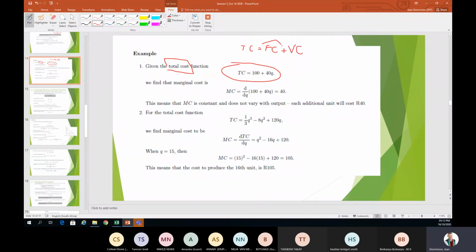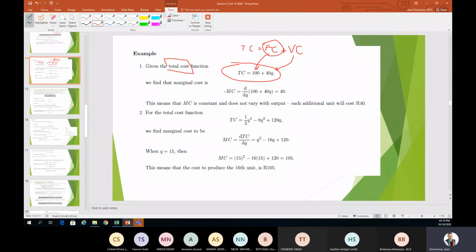Fixed cost is associated with the term that doesn't have a Q. With variable cost, depending on how many products you are making, your variable cost will go up or down.